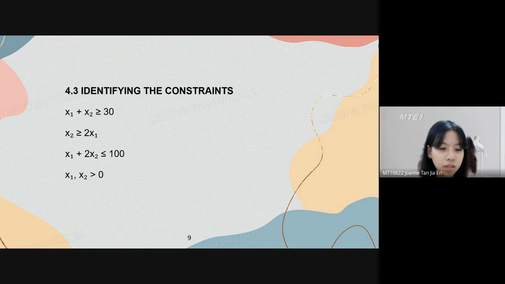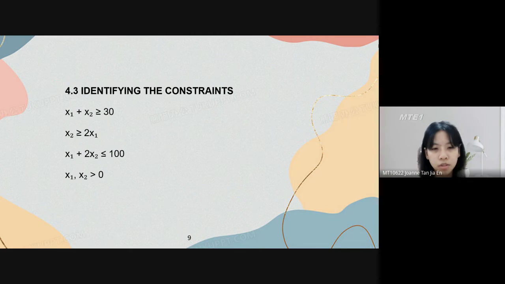Next, Mr. Lee estimates to spend about 100 ringgit to plant the flowers. The information we get is one sunflower costs 1 ringgit, one rose costs 2 ringgit. So the third constraint is S1 plus 2S2 less than or equal to 100.